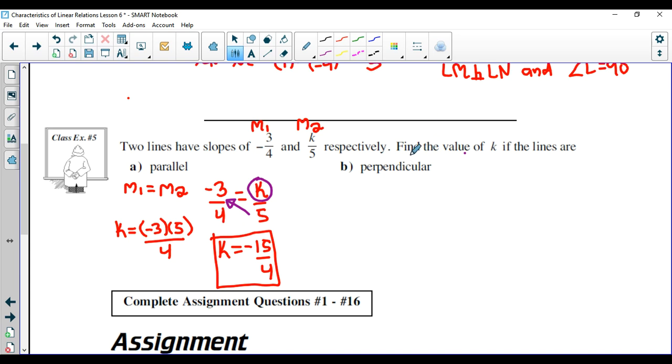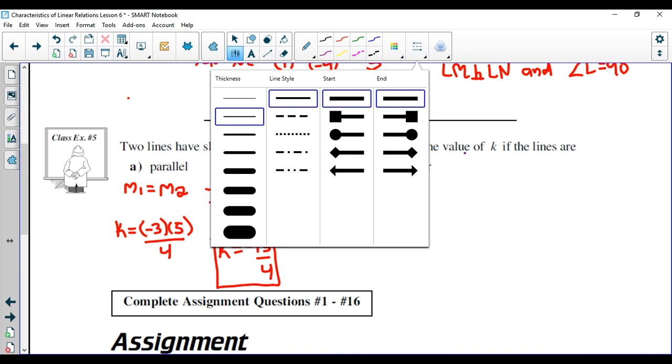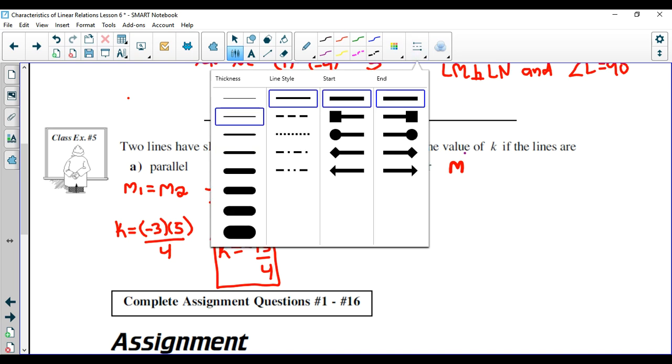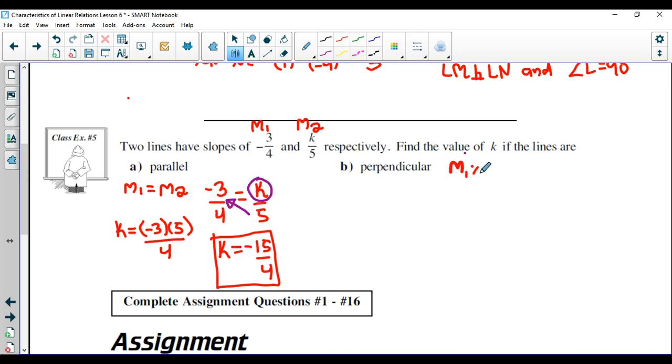Now, if two slopes are perpendicular, it means that one slope is the negative reciprocal of the other one. Now, the other thing I said you can do, if you want to test to make sure they're negative reciprocals, is take the slope of one of them and multiply by the slope of the other one, and it must be equal to negative 1, okay?